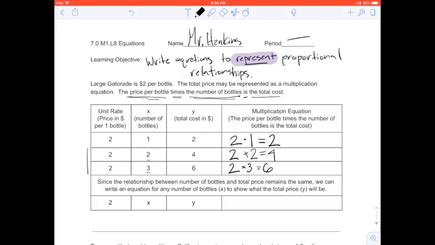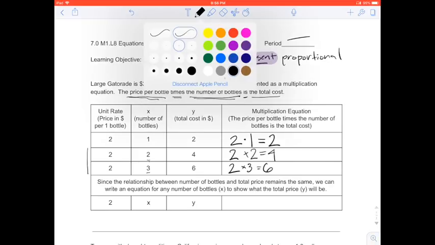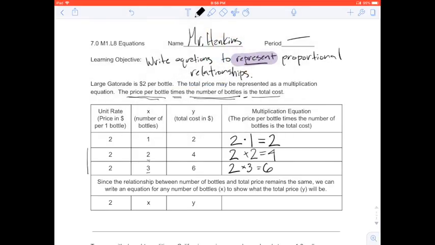And if we're showing all of our units here, then it's going to look a little bit like $2 per bottle times 3 bottles equals $6. Okay.